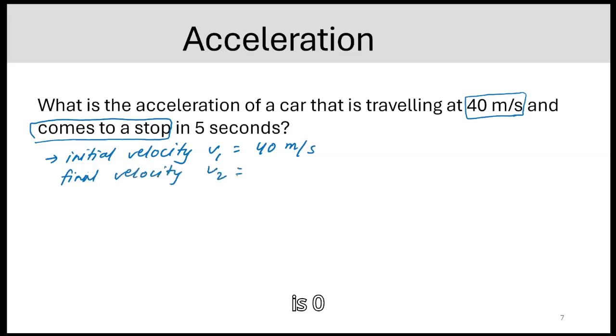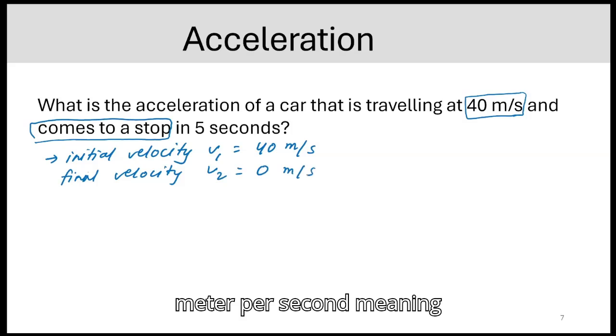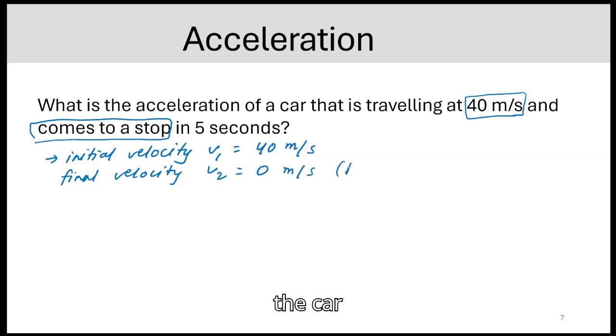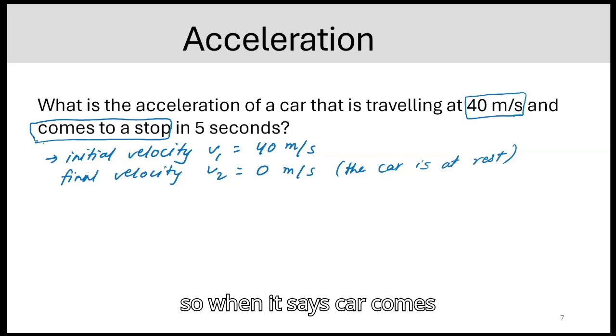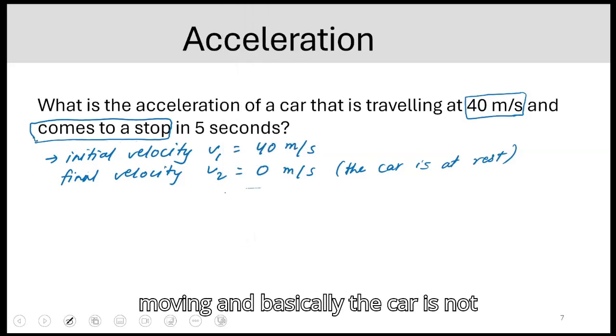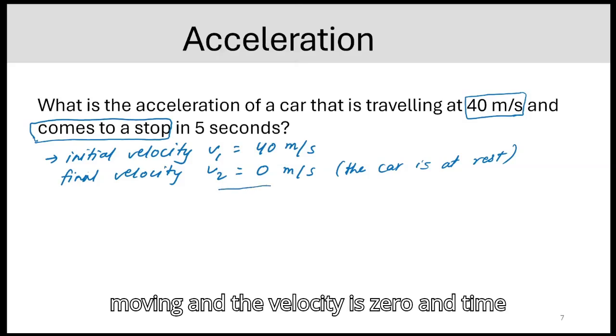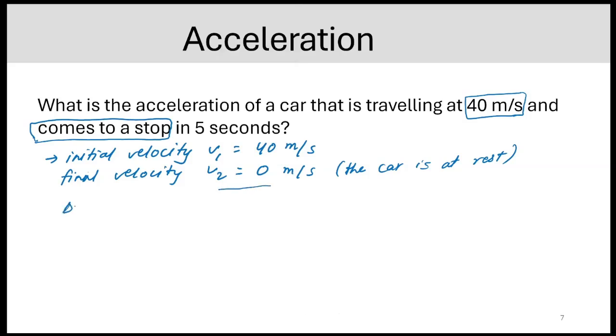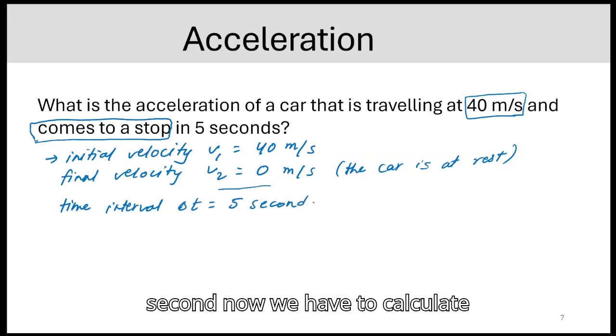is 0 meter per second, meaning the car is at rest. So when it says car comes to a rest, that means the car is not moving and the velocity is 0. And time interval delta t is 5 second.